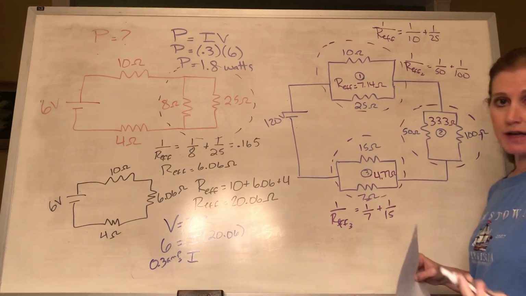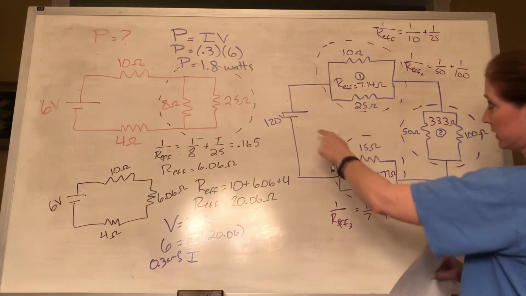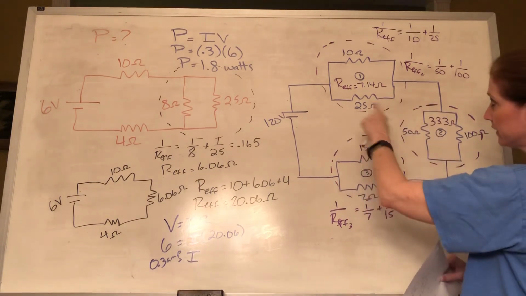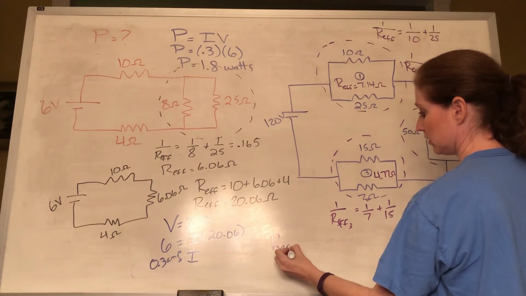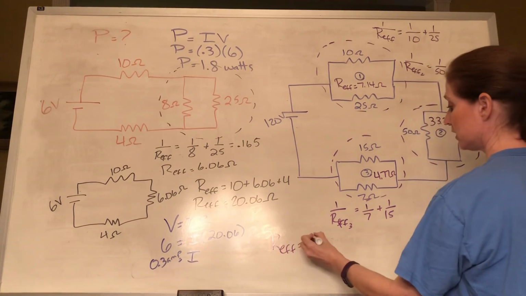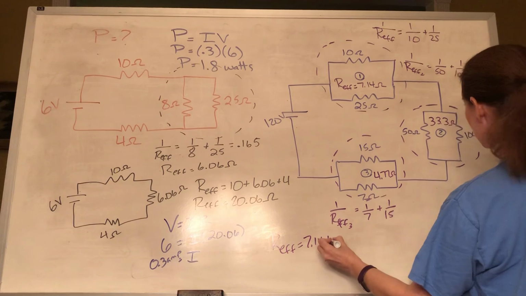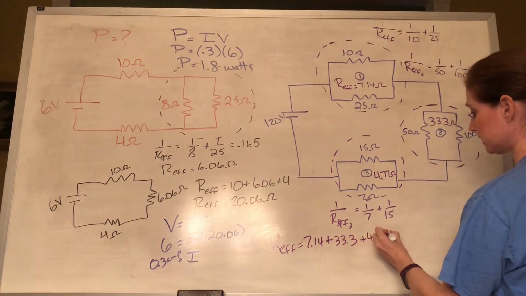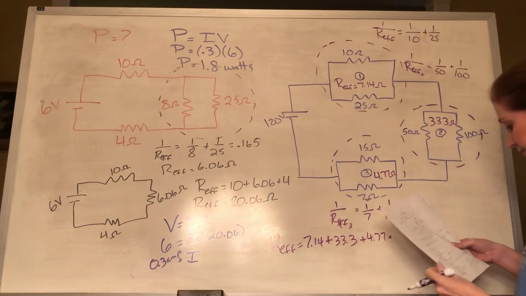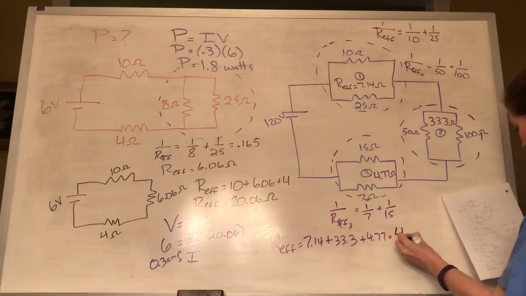So now basically I've reduced everything to in series with my R effectives. So we get an overall R effective of 7.14 plus 33.3 plus 4.77. And it's going to be 45.21 ohms.